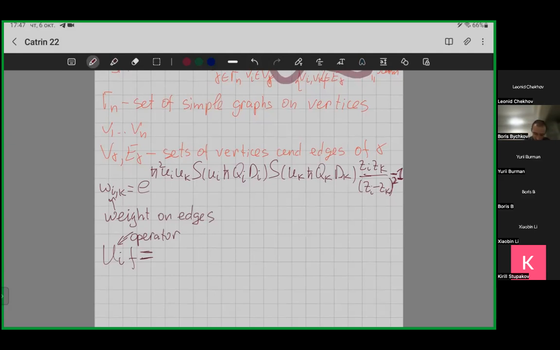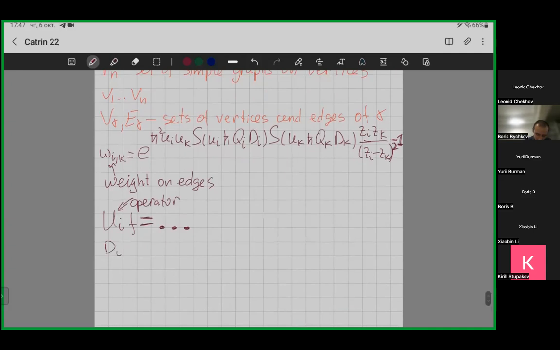and to prove, so maybe I will not write this U, and also this D and Q. So S of U, in fact, it's just e to the power U minus e to the power minus U over U. So D is just the differentiation.